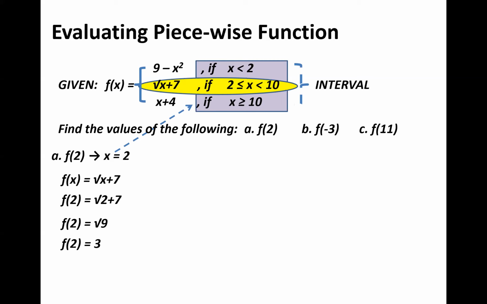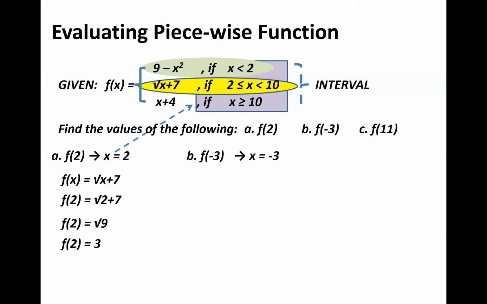Okay? Second, find the value of f of negative 3. So, again, the same process. Sabi dyan, ang x natin for this example is equal to negative 3. Ngayon, hanapin natin saan magpo-fall ang x is equal to negative 3 sa interval natin. Correct.